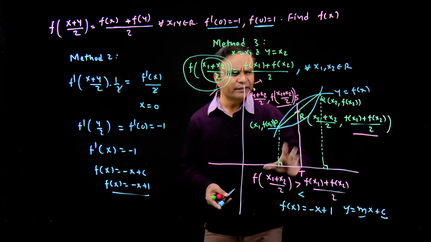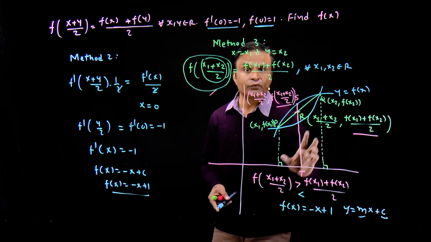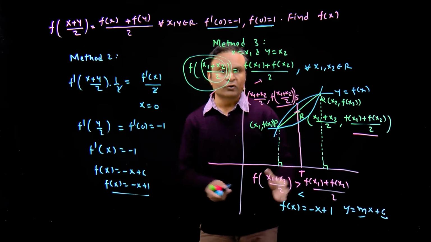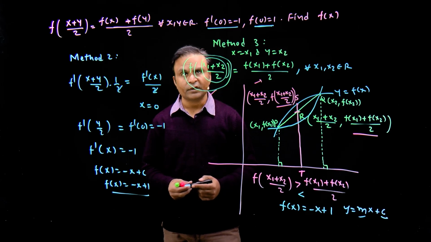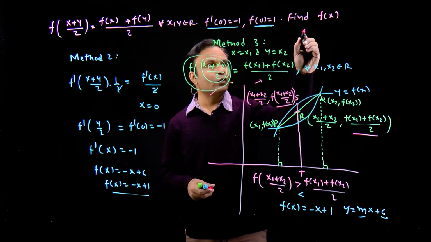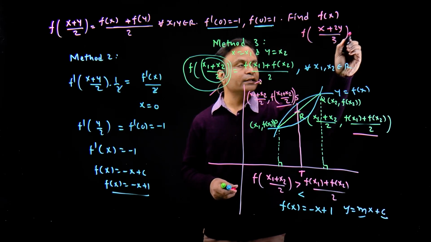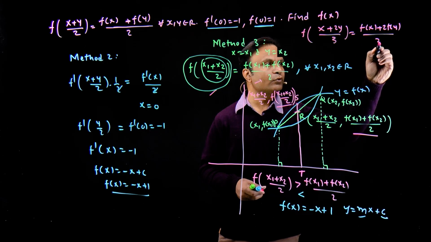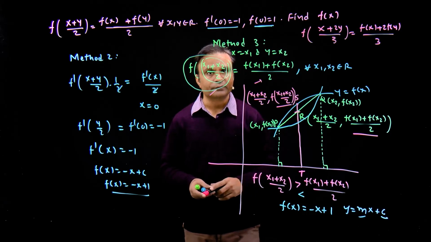So this is a bit difficult, but this method is important in proving many inequalities. We will have a separate section for inequalities in which we will be using this method. Now suppose in this question we have a relation f of (x plus 2y) upon 3 is equal to (f of x plus 2 f of y) upon 3, and all these values remain the same.